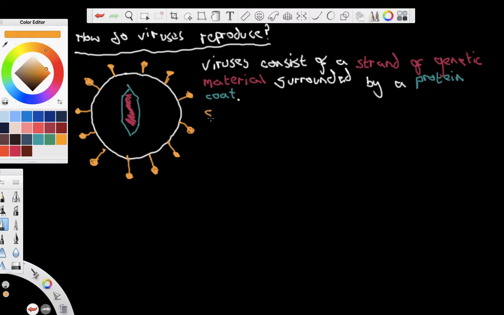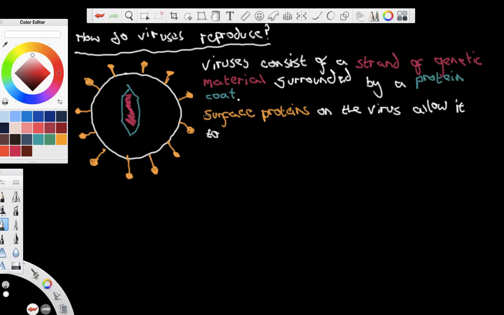So we can say that surface proteins on the virus allow it to attach itself to a host cell.